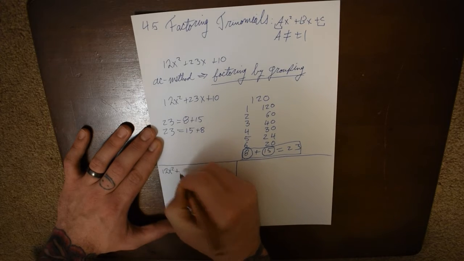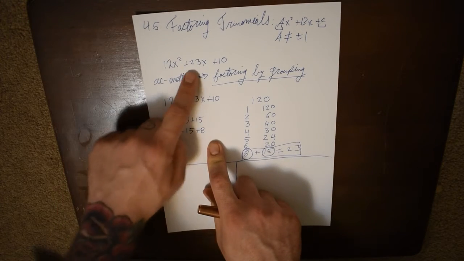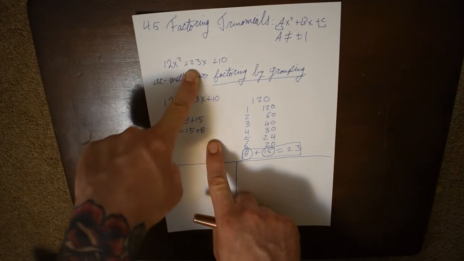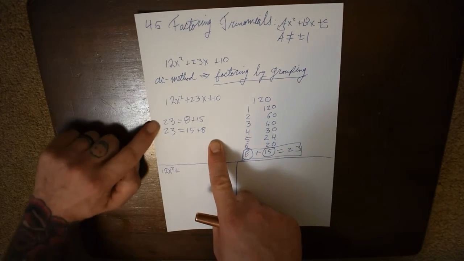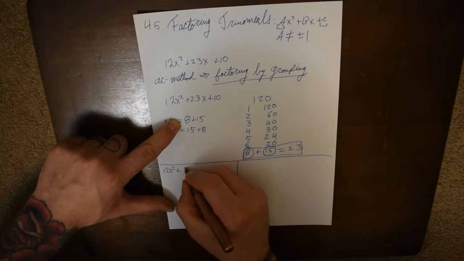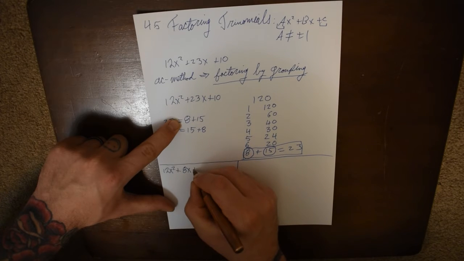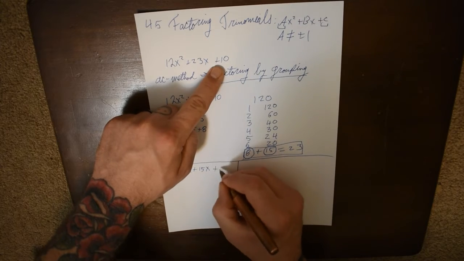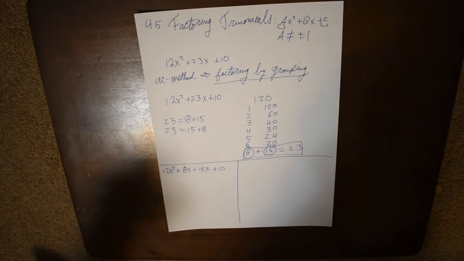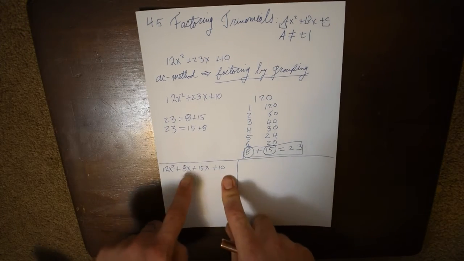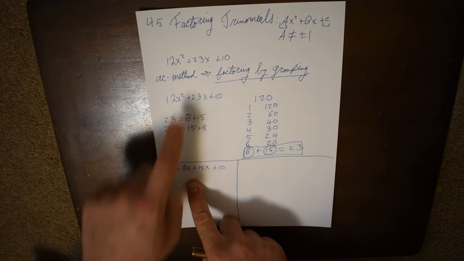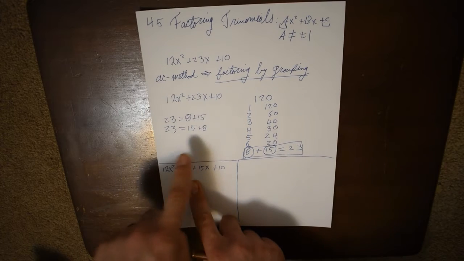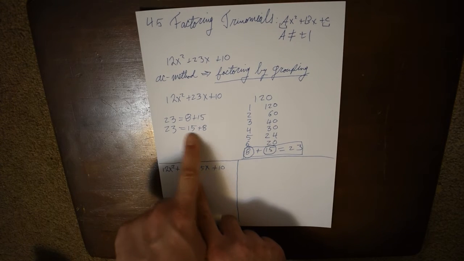12x squared plus, and what we're going to do is rewrite 23x as, we'll do the top one, 8x plus 15x plus 10, just plus 10. So all we've done is rewrite the trinomial, and we have rewritten the middle term as the sum of 8 and 15.